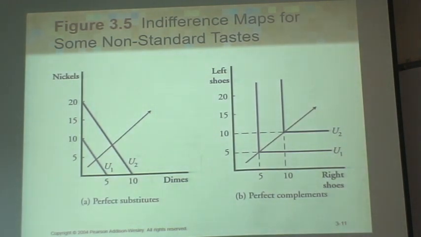Yan Xiang, what's a dime? What's a nickel? Nickel is 5 cents. A coin of 5 cents. And a dime is a coin of 10 cents. So, if you have a dime, how many nickels can you get? You can get 2, right? So, this is also an example of perfect substitute.